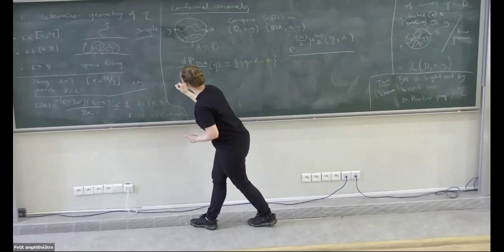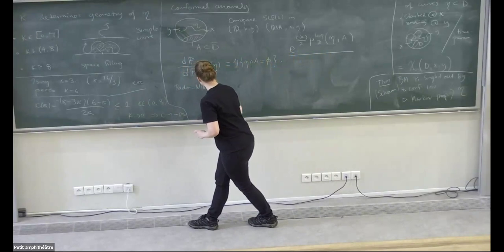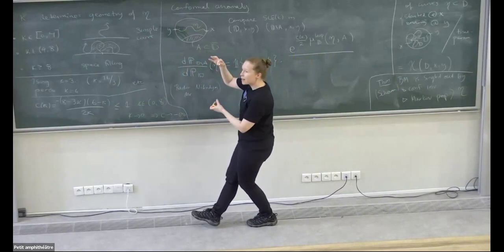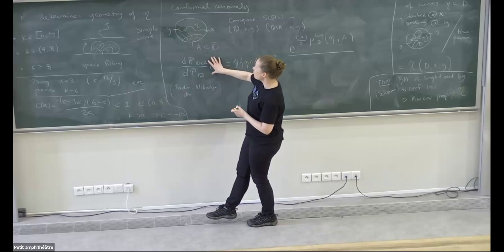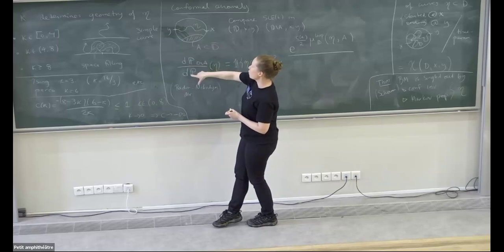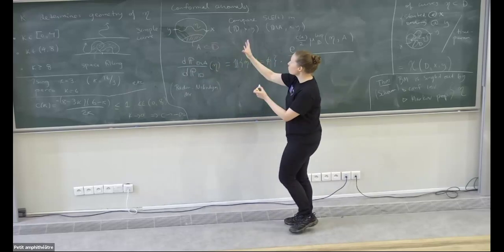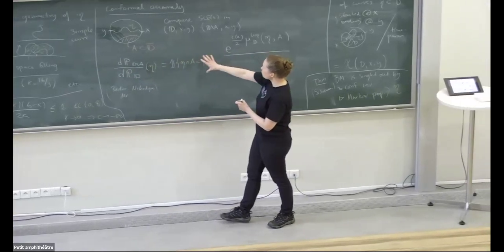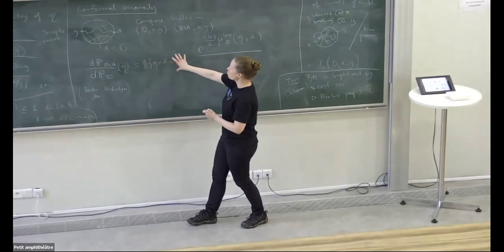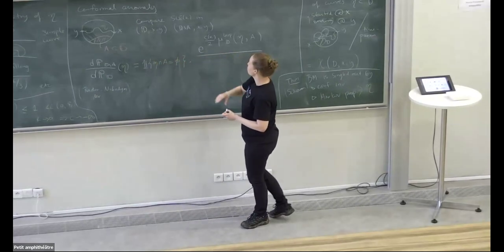It's a Radon-Nikodym derivative of measures. So if you compare two measures, you write it this way, differentiating one with respect to the other. And this was just to say that we don't get any nonsense, so don't worry about it too much.